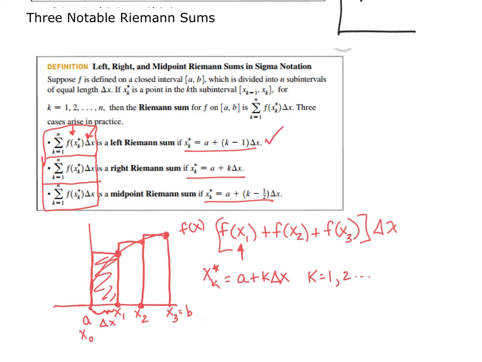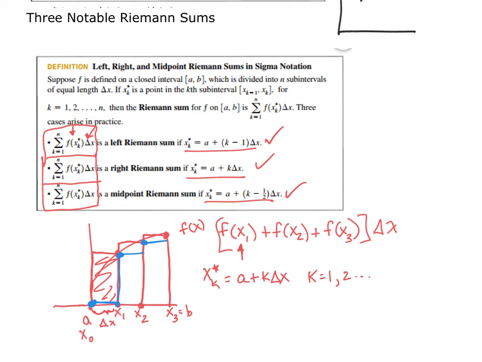And so that's why these things are different, because I think you can see that if I had done a left-hand Riemann sum, the heights of these would have started here at a, then it would have been x sub 1, x sub 2, and we don't need x sub 3.